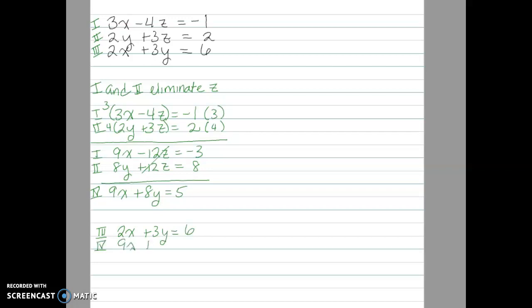Now I can decide to eliminate x or y first, whichever I would like. And in this case, I'm going to eliminate the y. So I'm going to multiply the top equation by 8, and the bottom equation by negative 3.